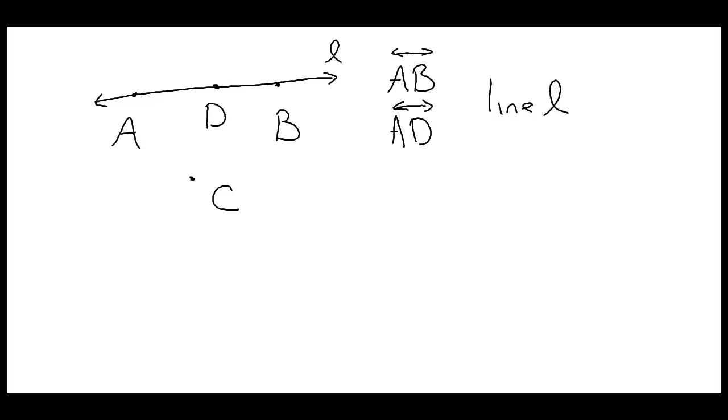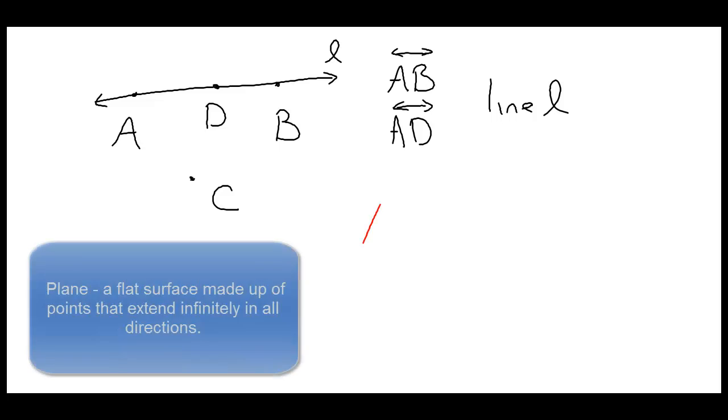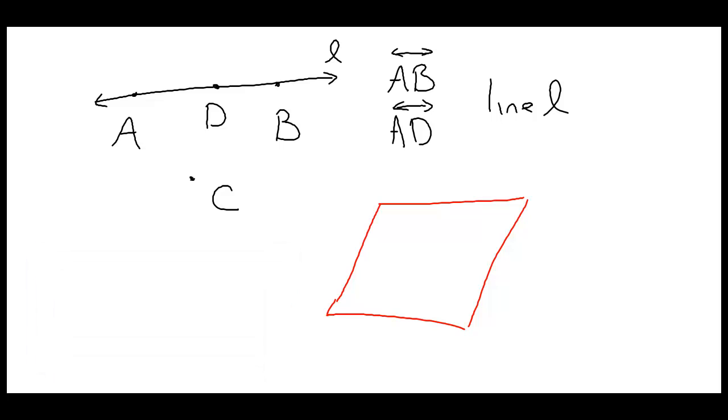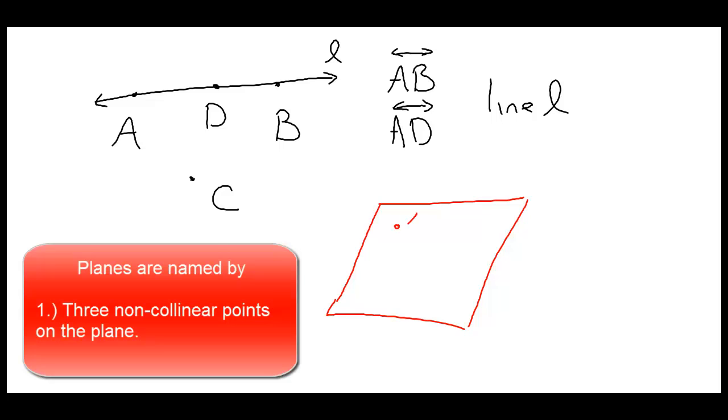Our third term to talk about is a plane. A plane is a two-dimensional object. It has length and width, but no depth. Commonly drawn as a parallelogram, you can kind of think of this as like a piece of paper. To name this plane, I would use 3 non-collinear points on the plane.